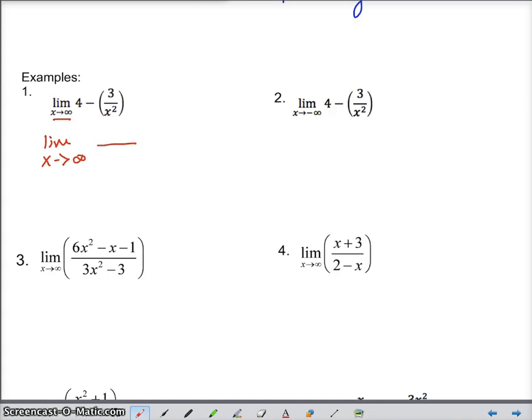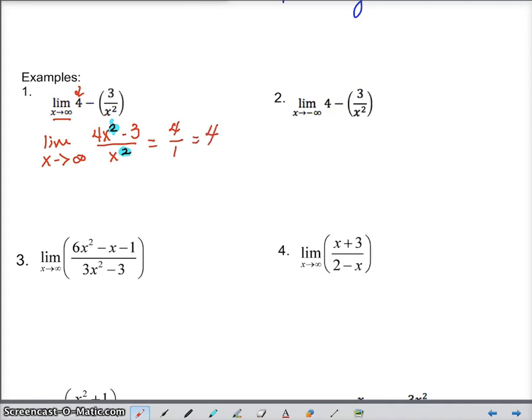I know that my common denominator is x squared, so the numerator of the first term will become 4x squared minus the second term already contains the common denominator, so 4x squared minus 3. And now I can compare the degrees. The degree of the numerator is 2. The degree of the denominator is 2. Because the degrees are equivalent, the limit is the ratio of the leading coefficients.